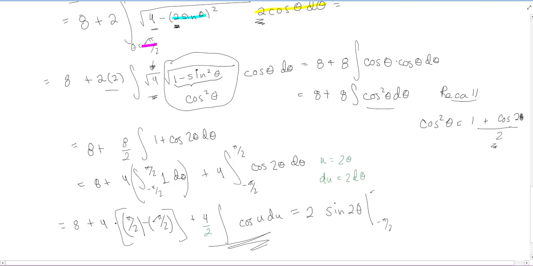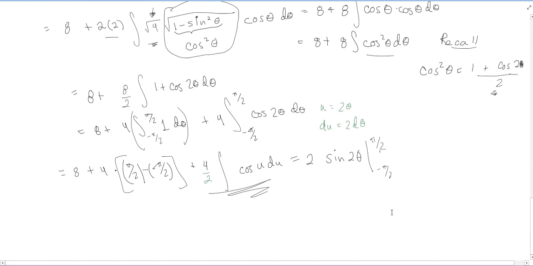And so now my limits stayed as negative pi over 2 and pi over 2, and plug those in. So we have 8 plus, this becomes 4 times pi, because it's just 2 pi over 2, plus 2 times sine of 2 theta, but we're evaluating that at pi over 2 and negative pi over 2.